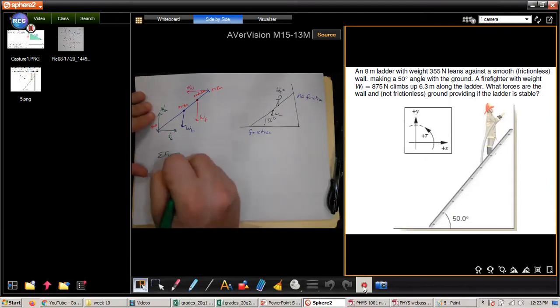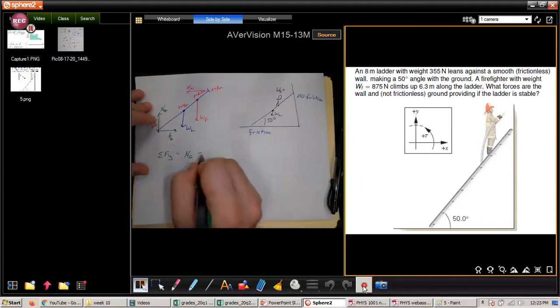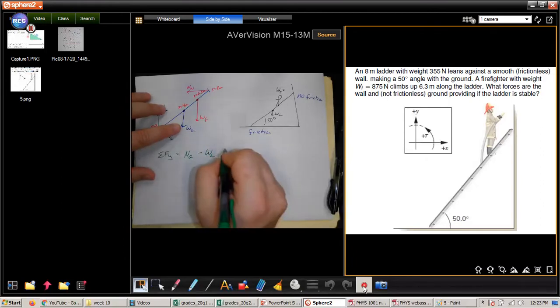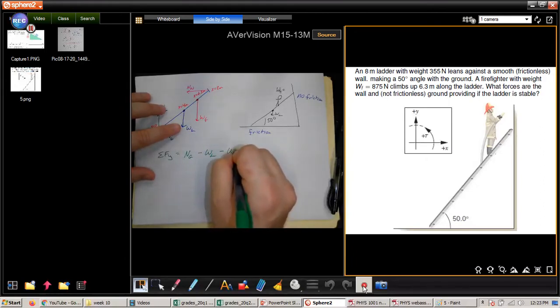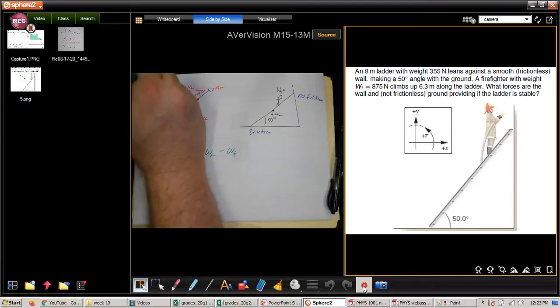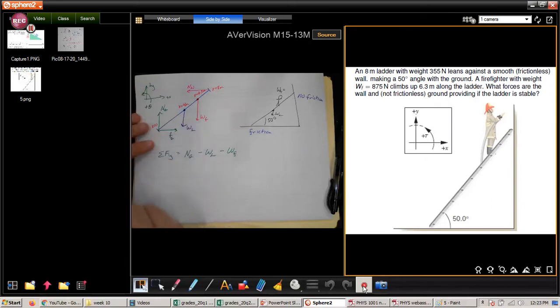There's the normal force from the ground holding the ladder up, a weight force from the ladder downwards, and a weight force from the firefighter on the ladder. We're going to take up as plus y and across as plus x, and we're also going to say that rotation in the counterclockwise direction is positive theta. That's going to be important when we start talking about torque.